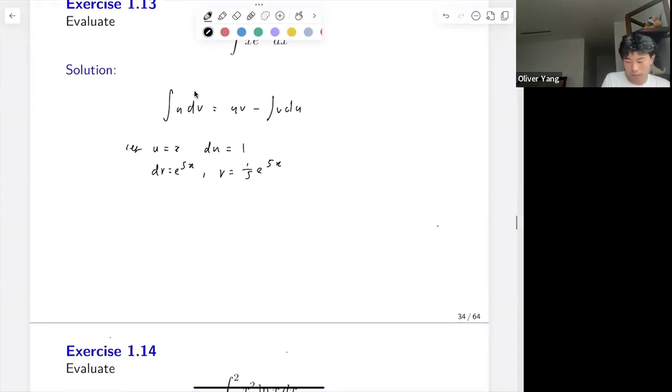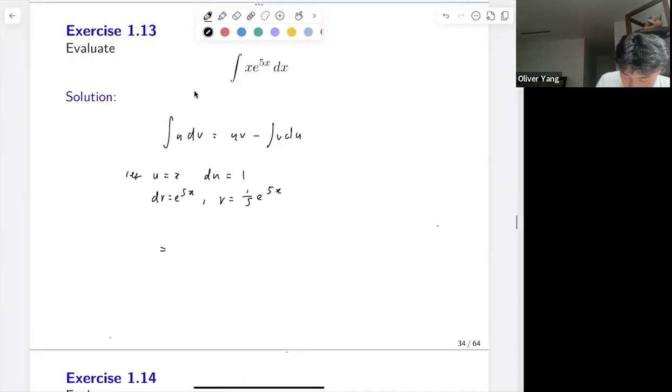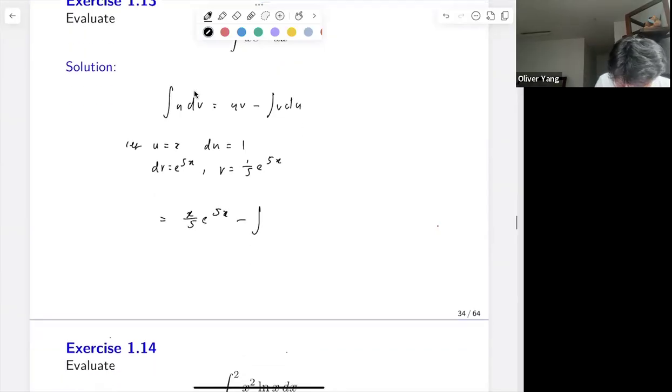And so we can rewrite it now. It's going to be uv, so x on 5 e to the 5x, minus 1, which is just 1, times e to the 5x dot dx, right? Oh, 1 on 5.